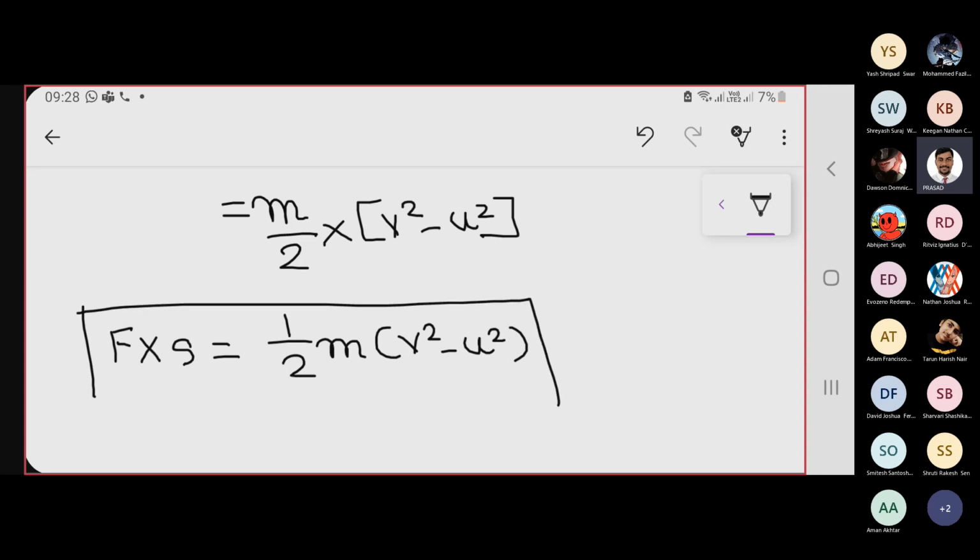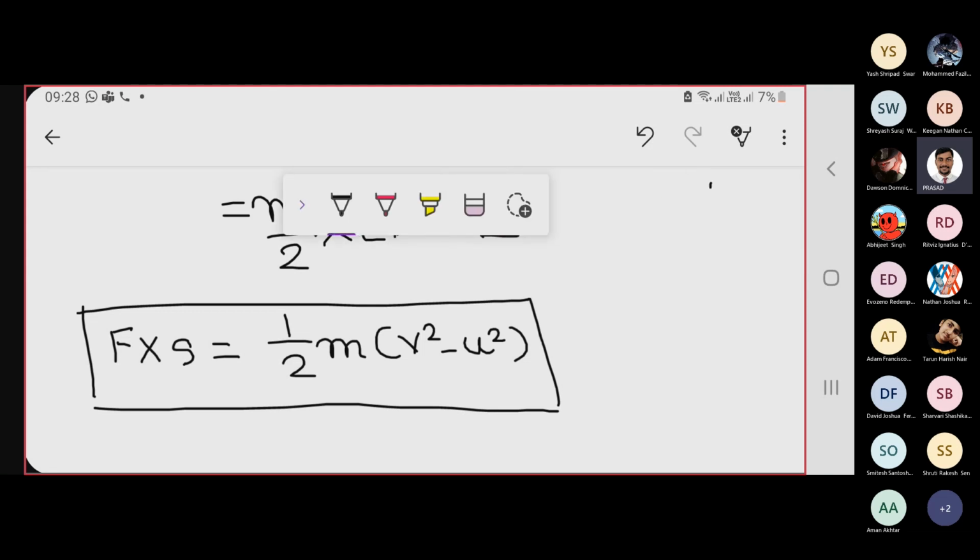So this equation is called the work energy equation.